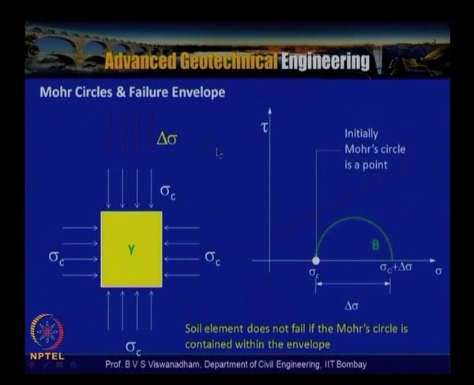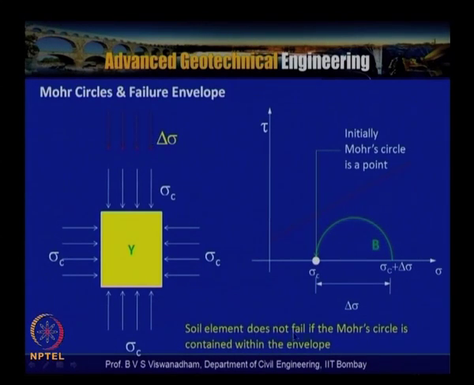Here a typical stress element is shown, and with increase in the load, which is sigma c plus delta sigma, the Mohr circle is here, and the state is such that it is still stable. But when sigma c plus delta sigma is increased to such an extent that it becomes tangential to the Mohr Coulomb failure envelope, then the soil element attains failure.